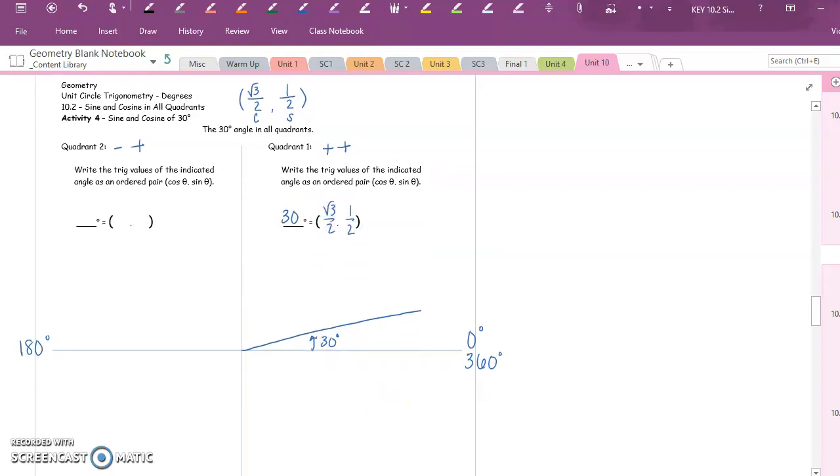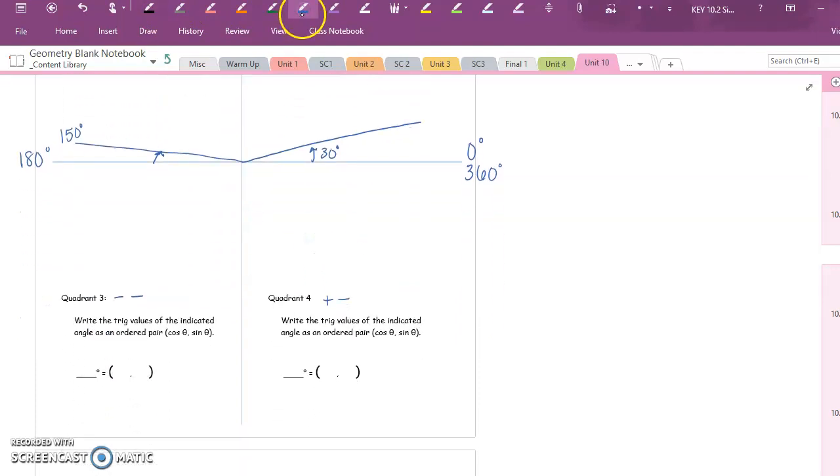In quadrant 2, I'm going to go back 30 degrees also. So 180 minus 30, now I'm at 150 degrees. So for my ordered pair, we have square root 3 over 2, comma, 1 over 2, and we have negative, positive.